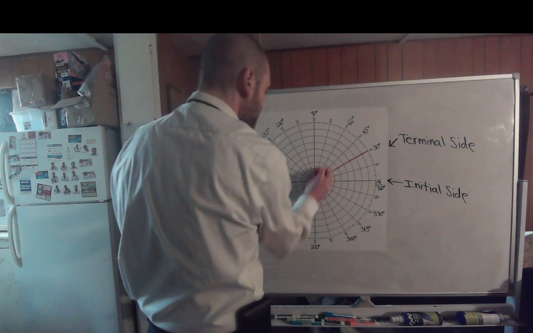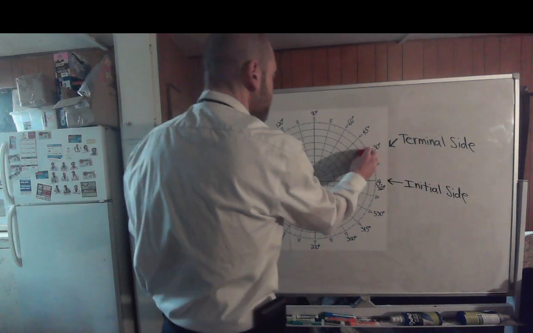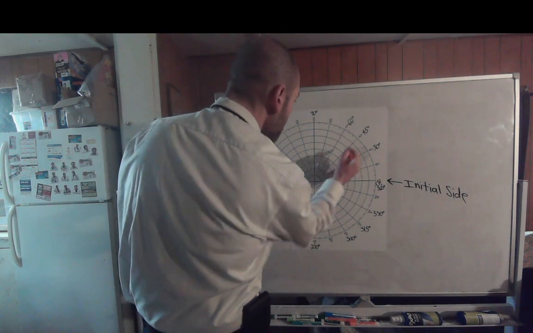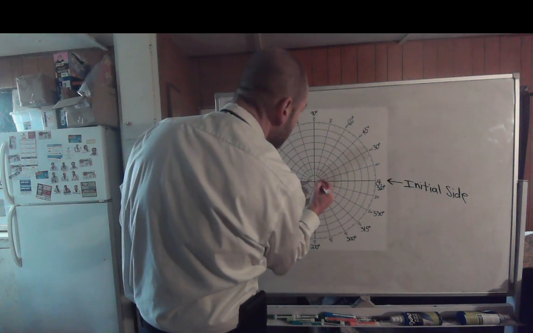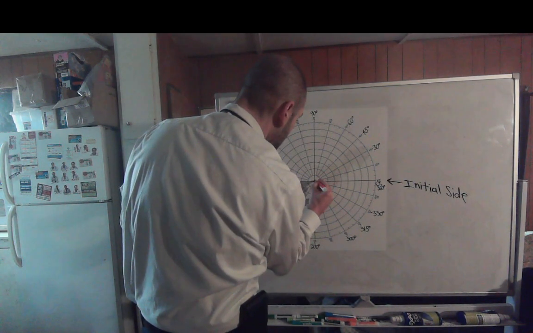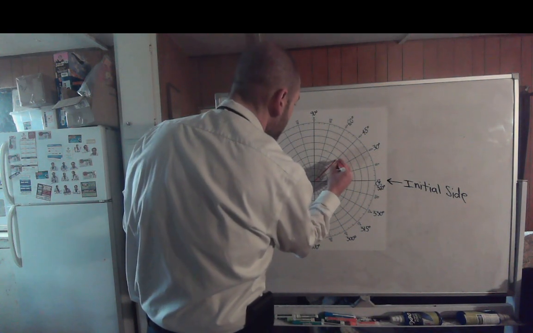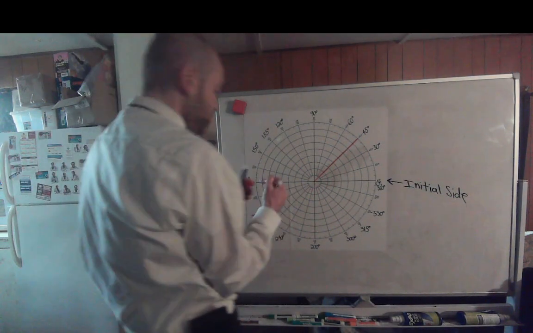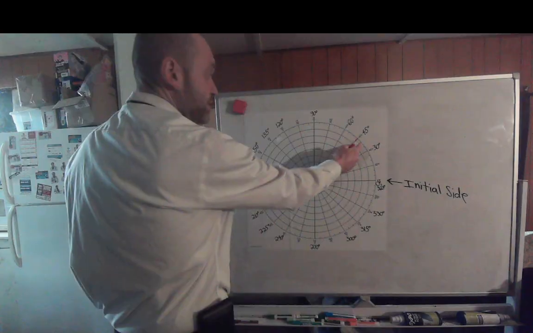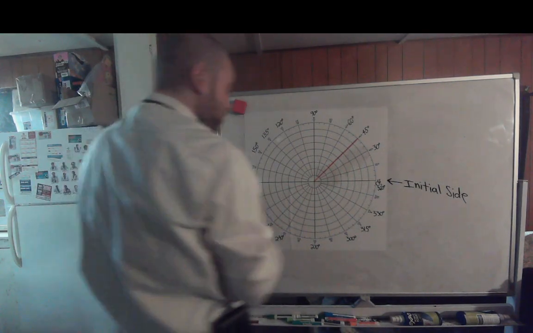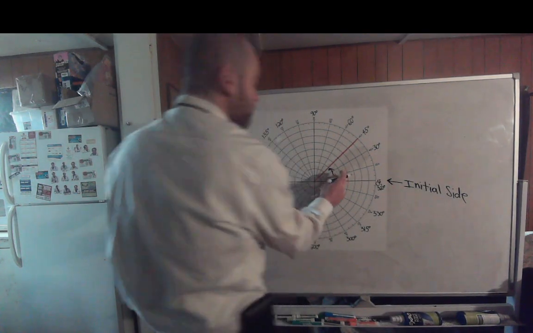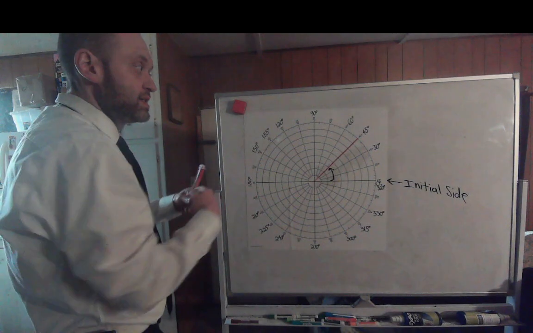Now, of course, I can draw a 45-degree angle. Why don't we do that real quick? 45 is pi over 4. So the angle's pi over 4 radians, or 45 degrees. So my terminal side is at pi over 4. So here is my angle there for 45 degrees.